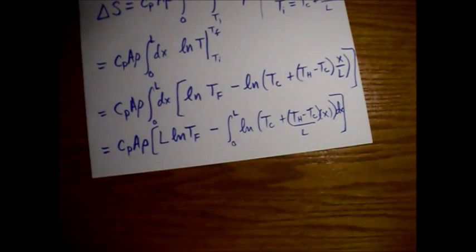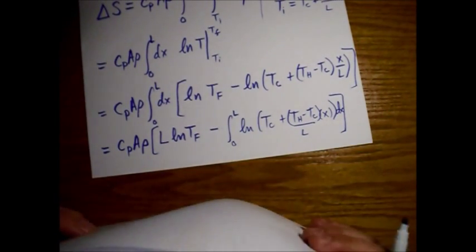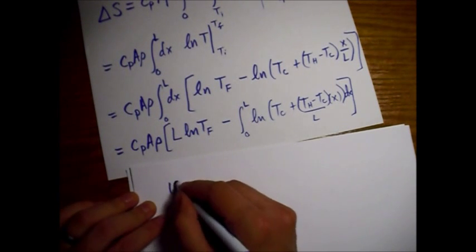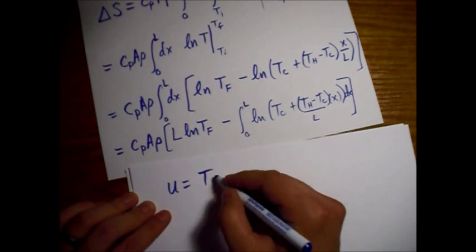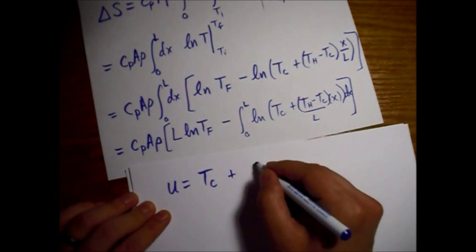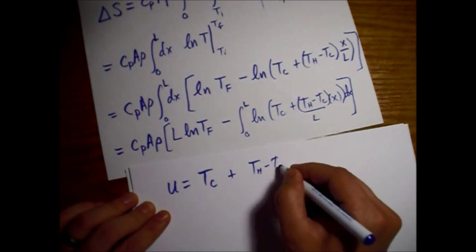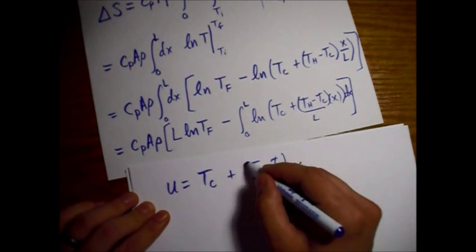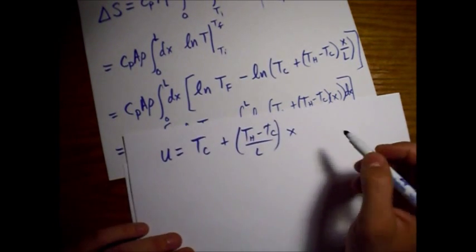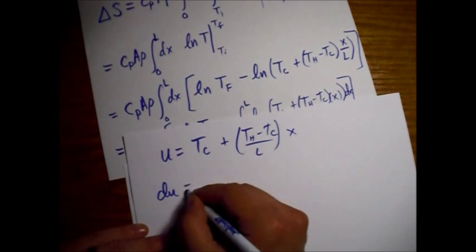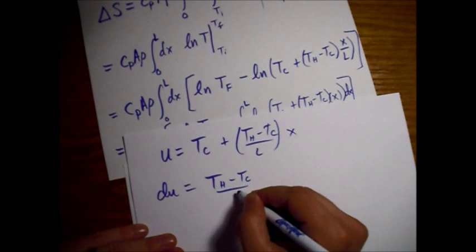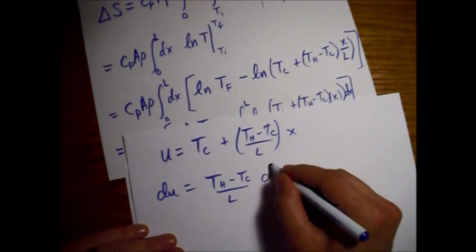So just a u substitution. u equals Tc plus (Th minus Tc) over L multiplied by x. Then du equals (Th minus Tc) over L dx.